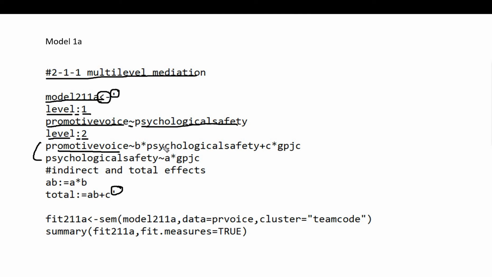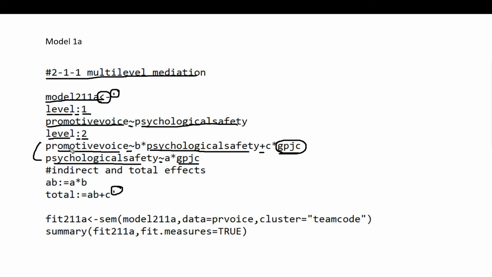So you can see we've got promotive voice, tilde, psychological safety plus group procedural justice. This is the variable as it appears in the data frame, so it's GPJC. On the next line we've got psychological safety, tilde, and then GPJC again.